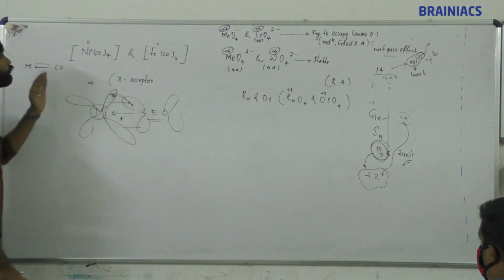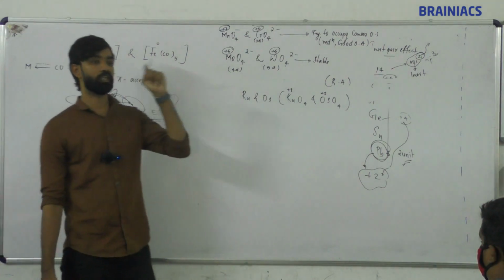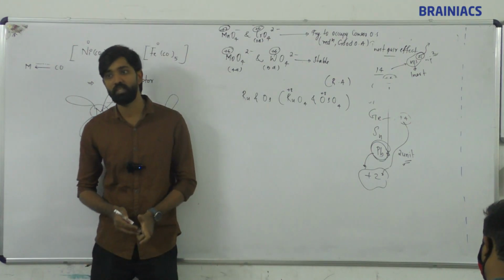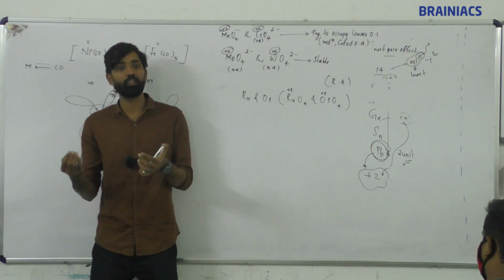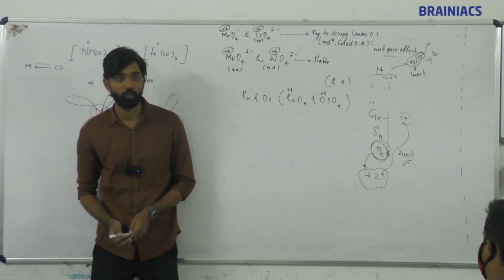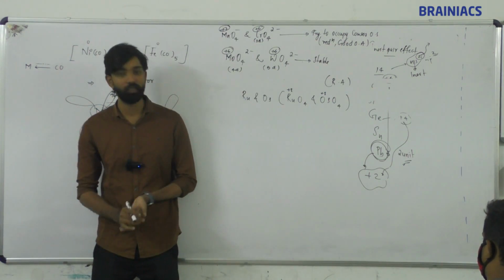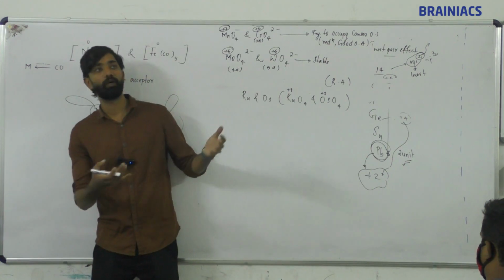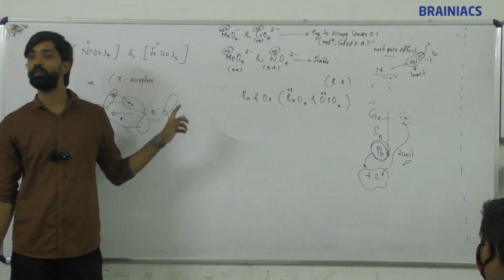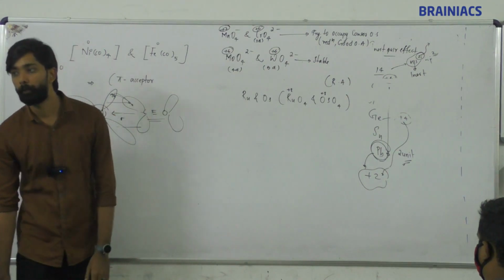So in the case of nickel tetracarbonyl and iron pentacarbonyl, generally in the case of carbonyls, the metal exists in a very low oxidation state, say 0. There the metal has a tendency for back donation to the ligand, and the ligands which accept the back donated electrons from metals are said to be pi acceptor ligands.